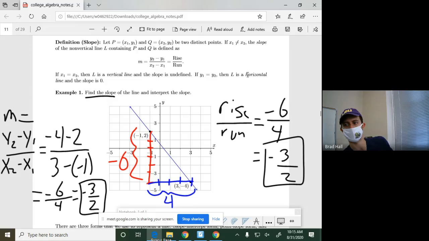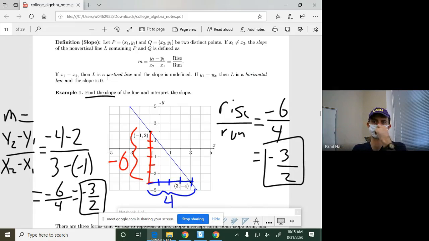And if that happens, then you get a horizontal line. So horizontal line, and the slope is 0, because you're not rising at all. If you did, then the line wouldn't be flat on the ground. So that'll help you answer a few homework questions right there.